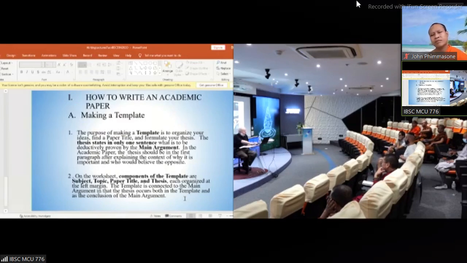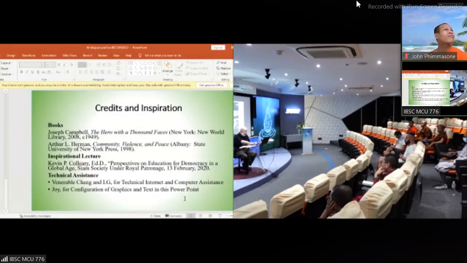To do that, you make a template, making a thesis that states only in one sentence what is to be deductively proven. It should be positioned in the first paragraph, that thesis. And then the body of the paper explains the premises, and in the conclusion it follows.